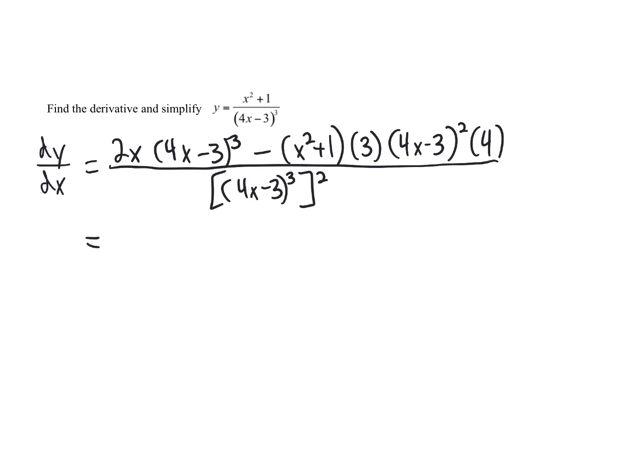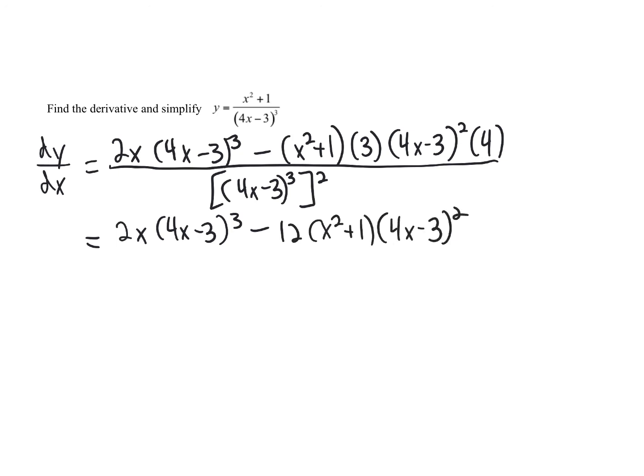Now we can simplify. And then we can simplify further.